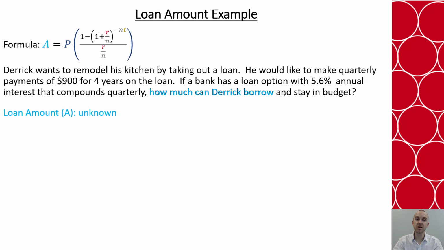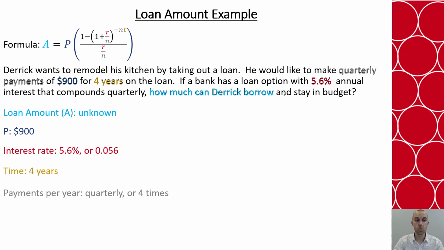That's our starting unknown. The payments Derek would like to make is $900. He wants to do this at a 5.6% annual interest rate, and that's going on for 4 years. Then we can see that he wants to make quarterly payments, so that's 4 times a year. So in this case, we're solving for A, that initial loan amount.